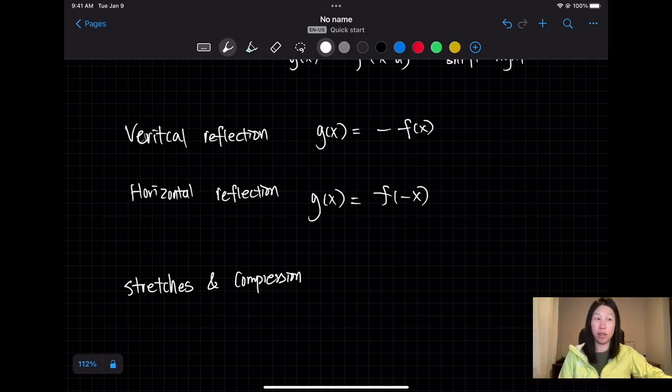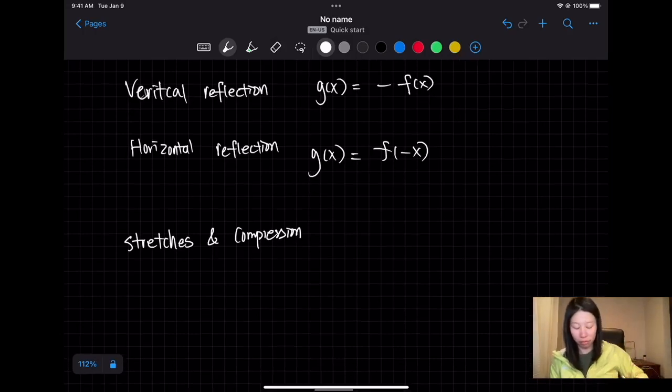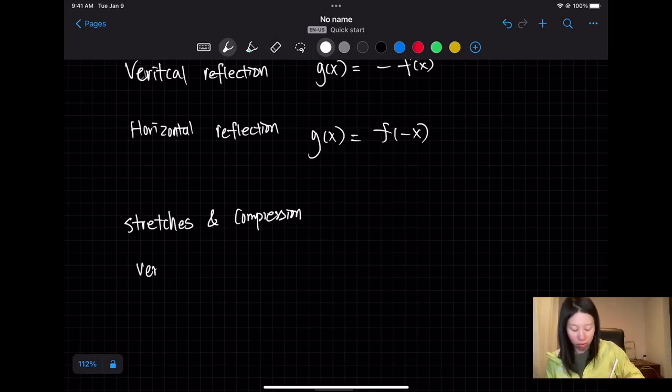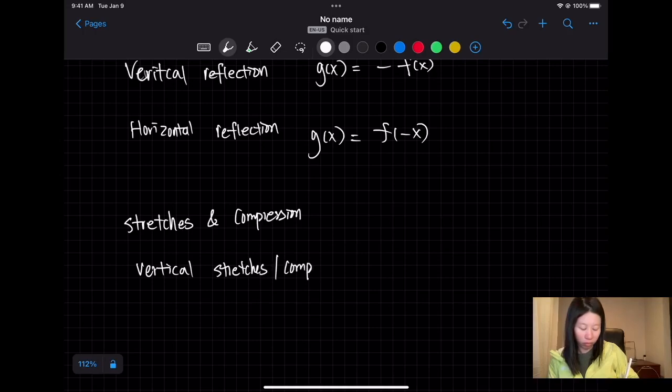This one is a little bit tricky, but it is also not that hard. So vertical stretch or compression. So again, if it's a vertical compression, what does it look like?